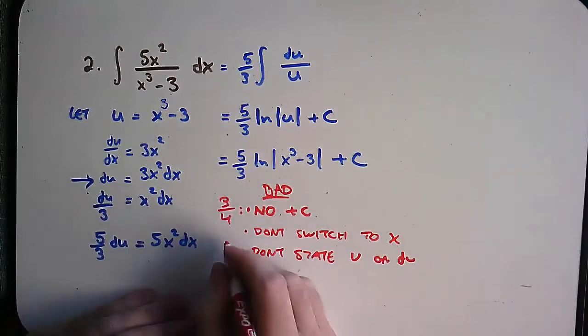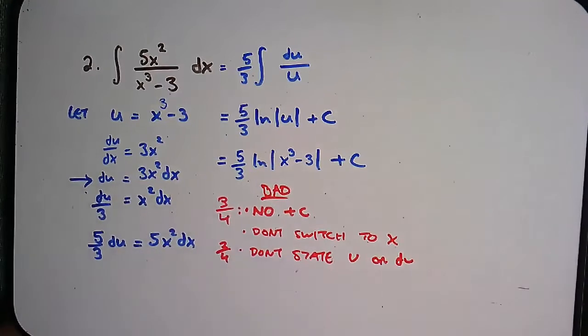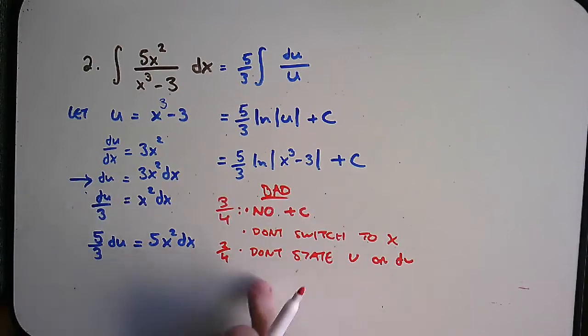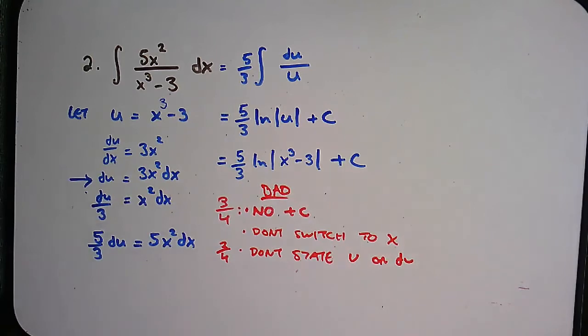It's difficult for us to understand what you did there. So even if it's a problem where you think it's so easy, it's like really anyone can see what u and du is, state it explicitly, right? Write u equals and write du equals. That way we know you understand these problems fully. Okay, so make sure you do that, u and du. Those are definitely the main ones here. I guess I'll leave it at that.